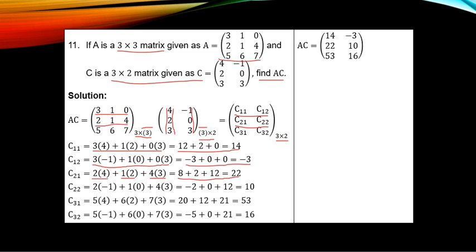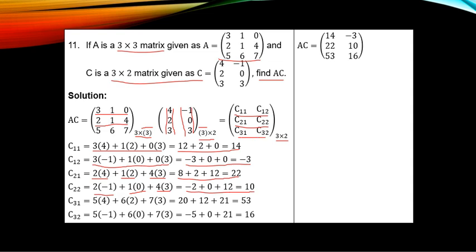To get C22, still on the second row, you use the same second row to multiply the second column of matrix C. That is 2 times minus 1, 1 times 0, 4 times 3 equal to minus 2 plus 0 plus 12, and that is 10.